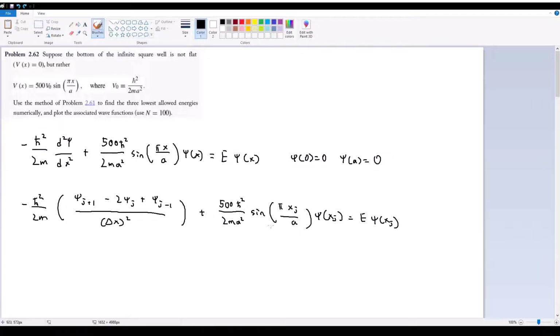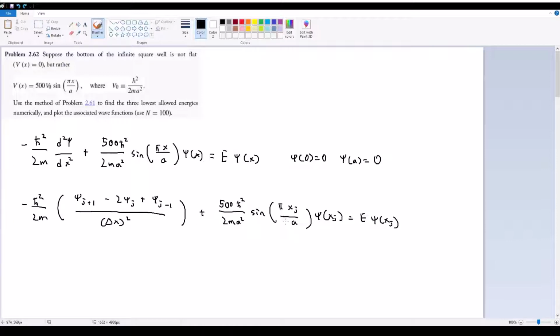If you set up your matrix without taking care of this, your xj term is going to appear as a variable. And because of that, it's going to prevent you from actually solving the energy equation numerically. You're not going to be able to find E in terms of numbers. You're going to find E in terms of some numbers multiplied by xj, because xj is a variable that is still present in this equation.